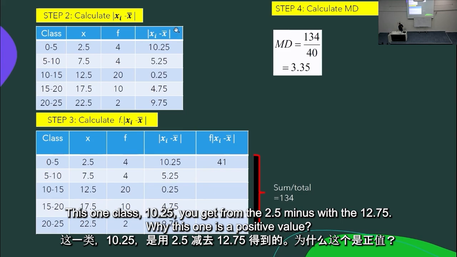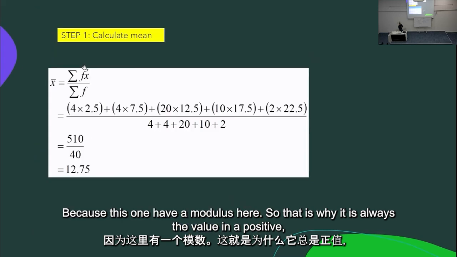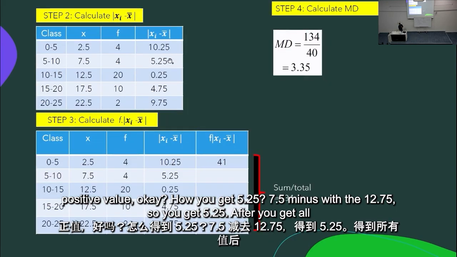Why is this a positive value? Because there is a modulus here, so the value is always positive. How do you get 5.25? 7.5 minus 12.75, so you get 5.25.